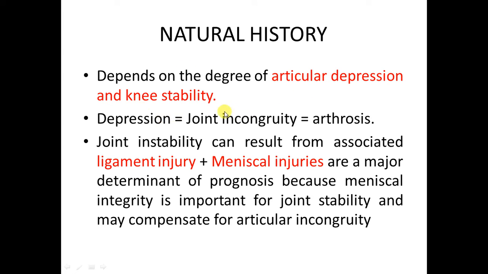But if you lose one of them or both, the prognosis will be bad. Depression means joint incongruity and osteoarthritis. Joint stability depends on the bony part, so you have to restore the bone, and on ligaments, but meniscal injury is the most important.